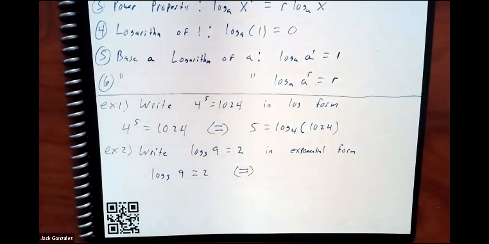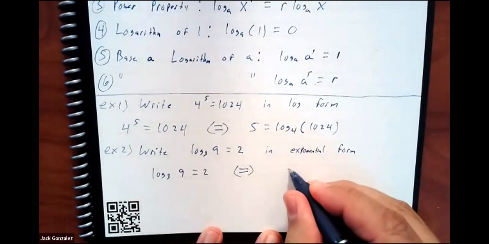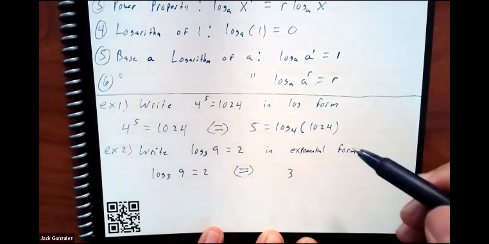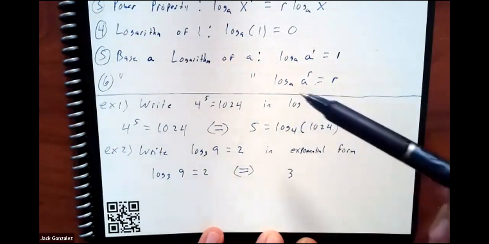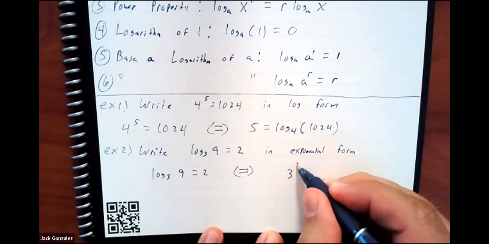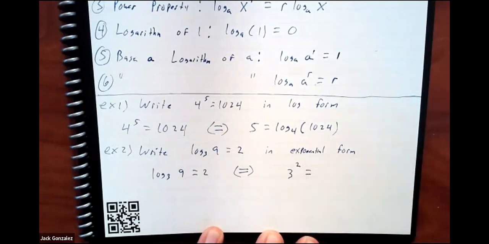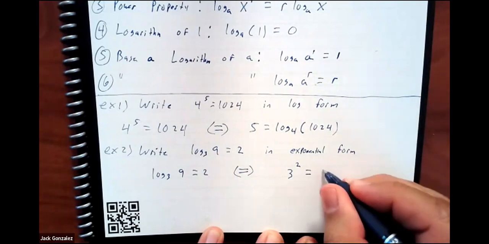Okay. So we said the base is the same base, so it'll be 3 to the whatever it's equal to. So 3 squared equal to the argument.